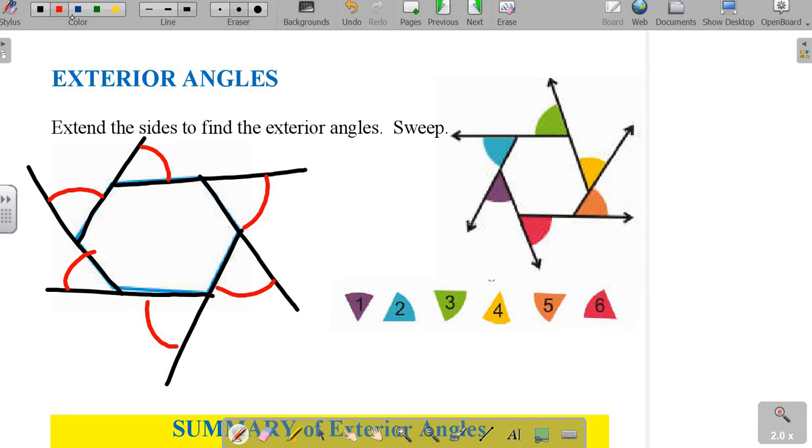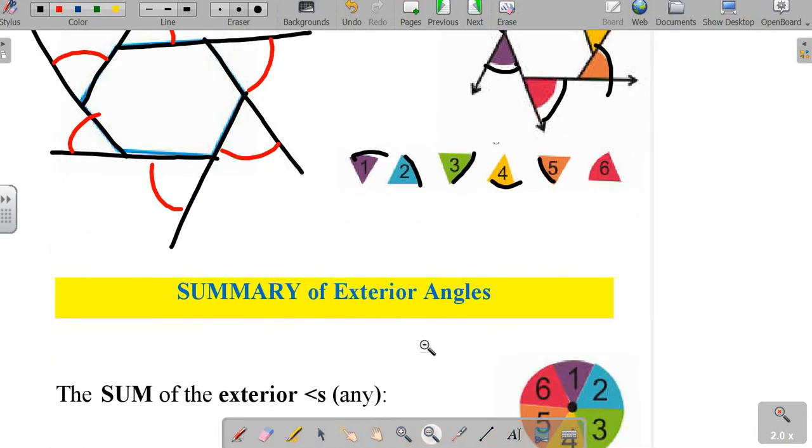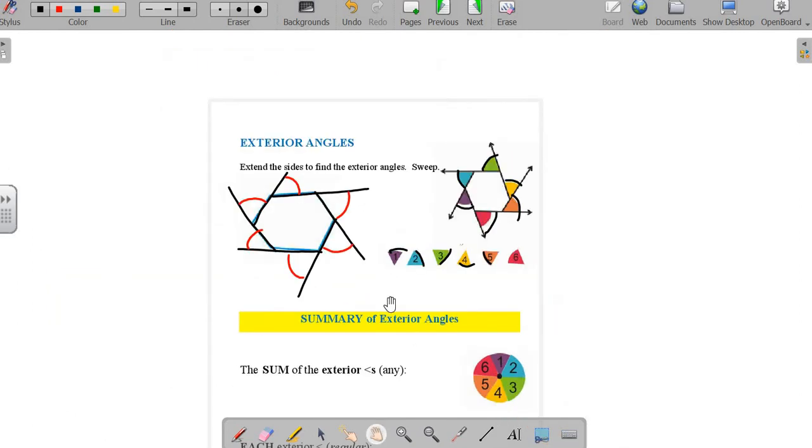Take a look at this shape over here. If we trace angle 1, which is the purple and the blue, 3, 4, 5, and the 6th angle. If you take these wedges and you put them together, you're going to notice that they actually add up to 360.